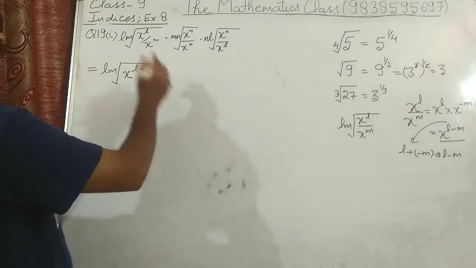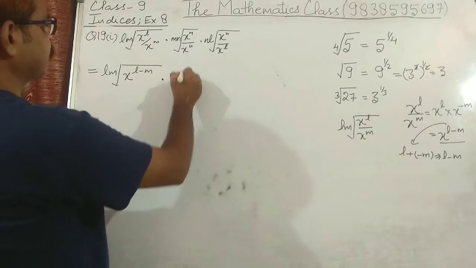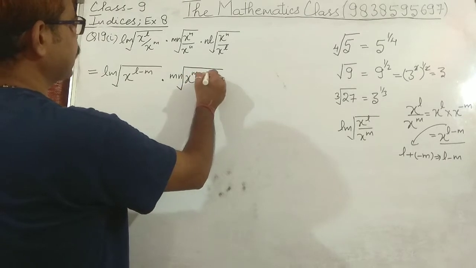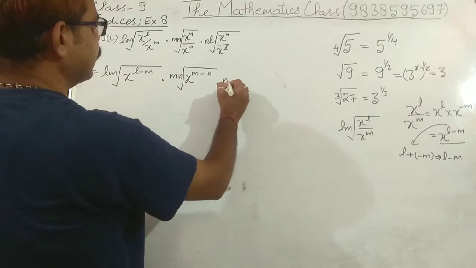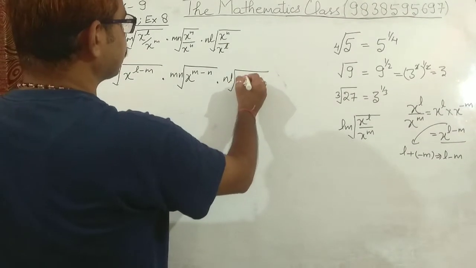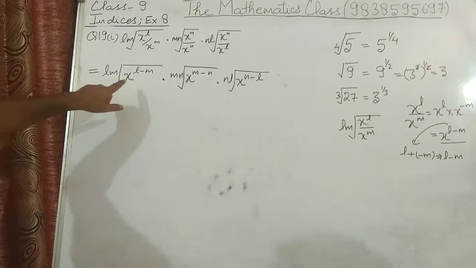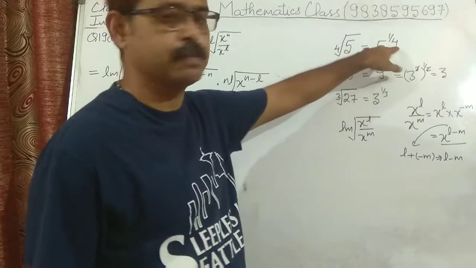Now we got the mth root of x to the power m minus n, into the nth root of x to the power n minus l. We know that the 4th root of 5 means 5 to the power 1 by 4.